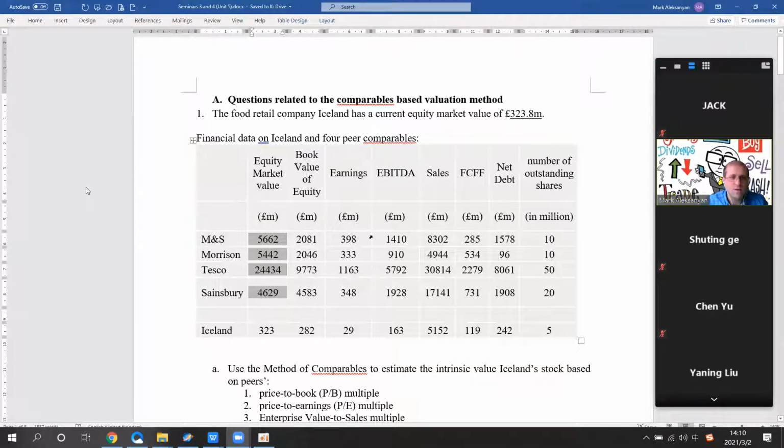Okay, so we have the equity market value for each company, including Iceland. So again, a reminder: this is the current market capitalization as of the date of the valuation. The other numbers, the book value of equity, reported earnings, they would be coming from the annual reports, financial statements.